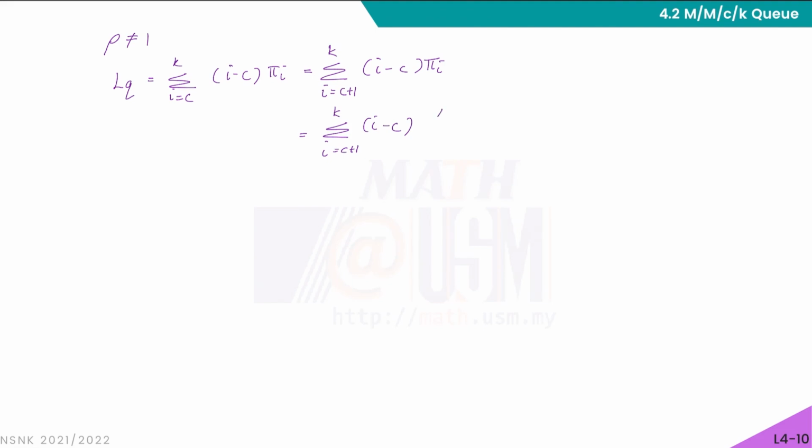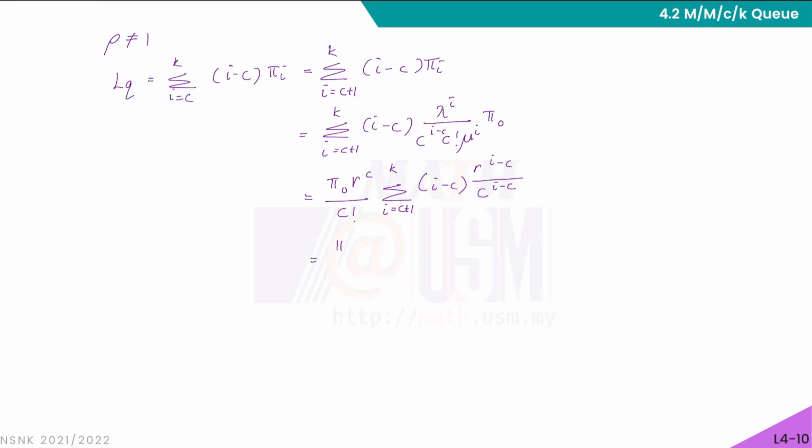So you have lambda to the power of i over c^(i minus c) times c factorial mu^i, times pi naught. Then we're going to factor out pi naught times r to the power of c over c factorial. So we are left with the summation of i equals c plus 1 until K of (i minus c) r^i minus c over c^(i minus c), where r equals lambda over mu.